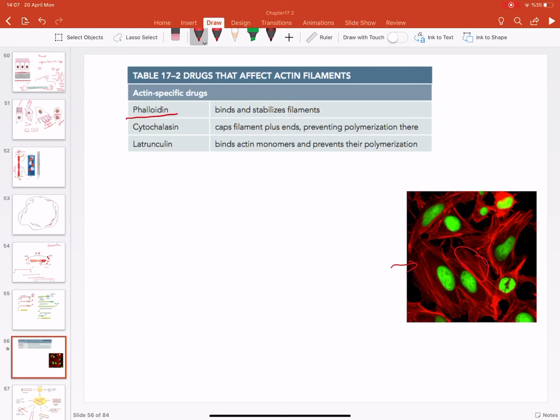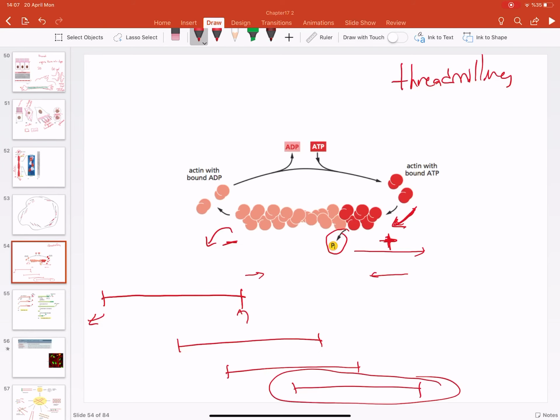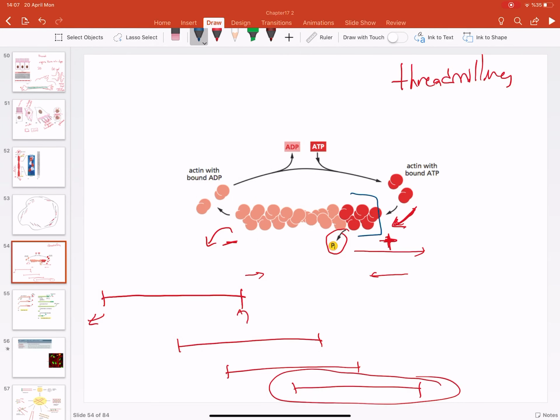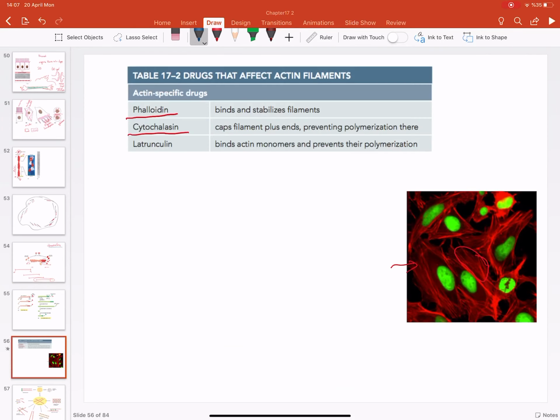And cytochalasin caps the filament plus end and prevents depolymerization here. So it attaches itself here, so it cannot depolymerize. If it cannot depolymerize, again, the treadmilling behavior will be disrupted. Because the treadmilling behavior is disrupted, it will not be able to react to the coming signals. And finally, there is latrunculin.